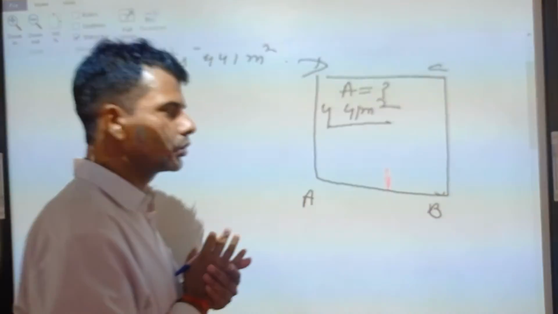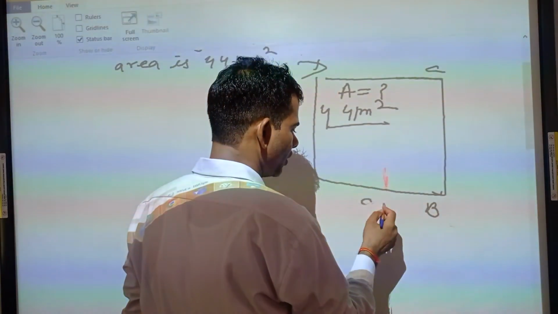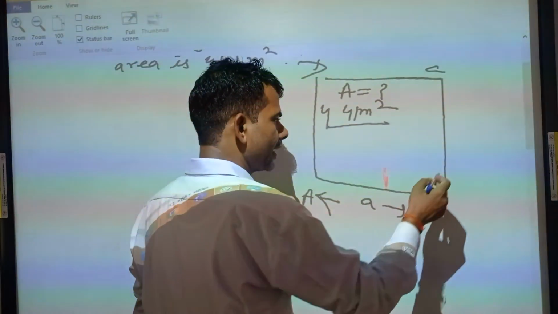ABCD is a square whose area is 441 meter square, given. We will consider the side of the square is a. If it is a, it is also a.